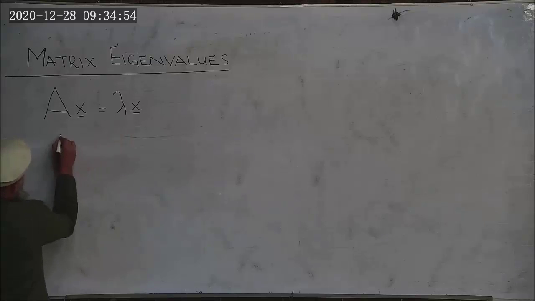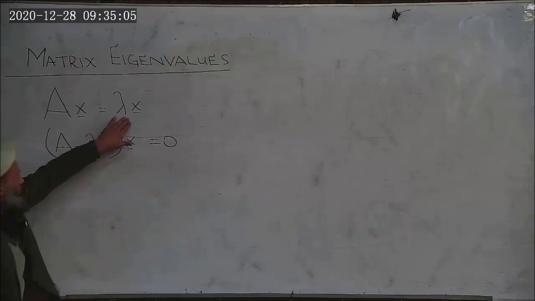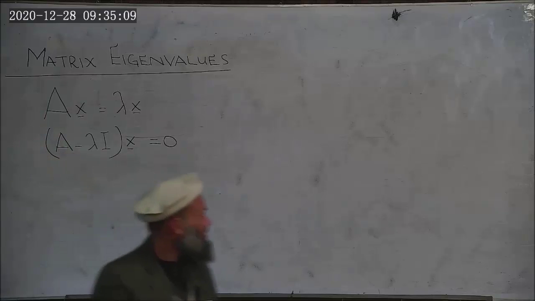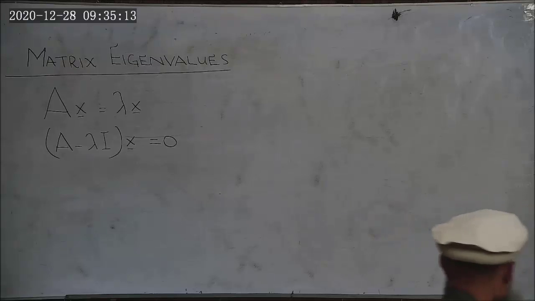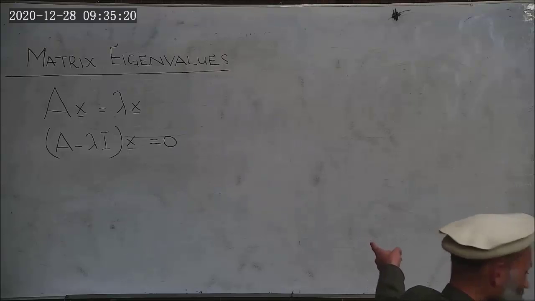The same equation can be rearranged to write it into this form. If I bring this term to the left hand side, I get this expression. You remember from our discussion on system of linear equations, under what conditions does a non-trivial solution exist to this system of equation?